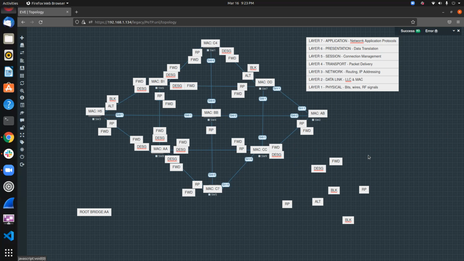DD to CC, DD to AB. Cool. Block state would be the one which is not clear. I'm going to put designated forwarding on GI 0/1. Why?